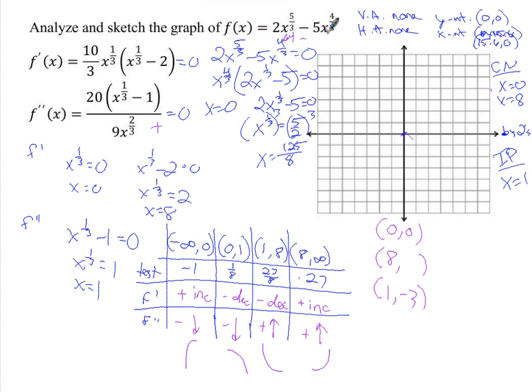Minus, okay, 8 to the 4/3. That'd be 2 to the 4th. 2, 4, 8, 16. So we have 16 here, and then 16 times 5 is, did you say 80? Okay. So we have minus 80. 64 minus 80 is negative 16.